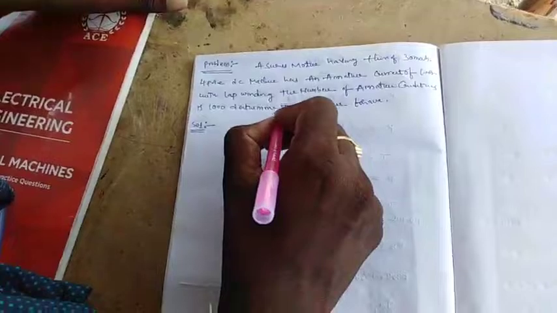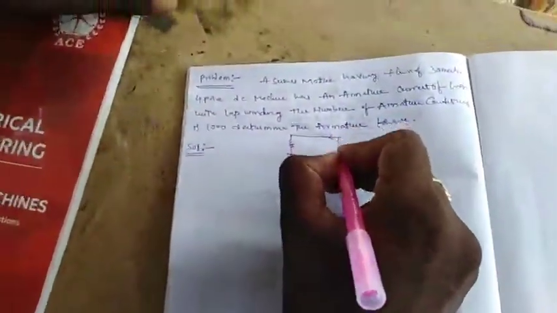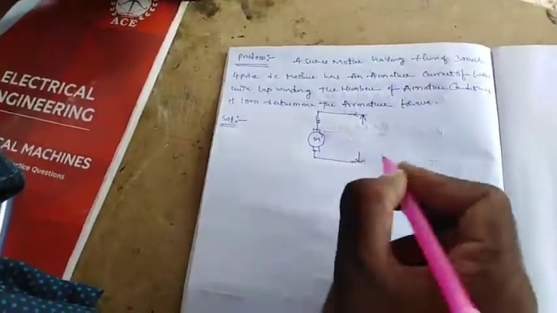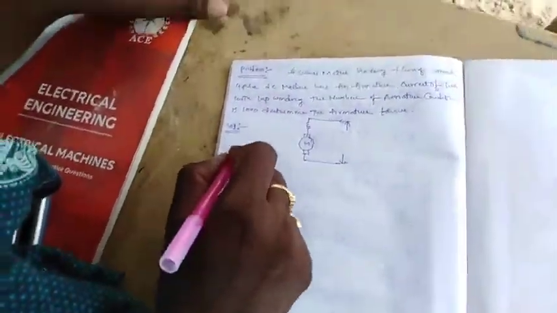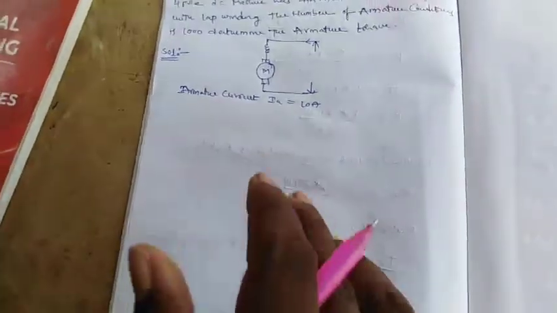First of all, draw the circuit diagram. So what is the given data? Armature current IA equals 10 amperes.